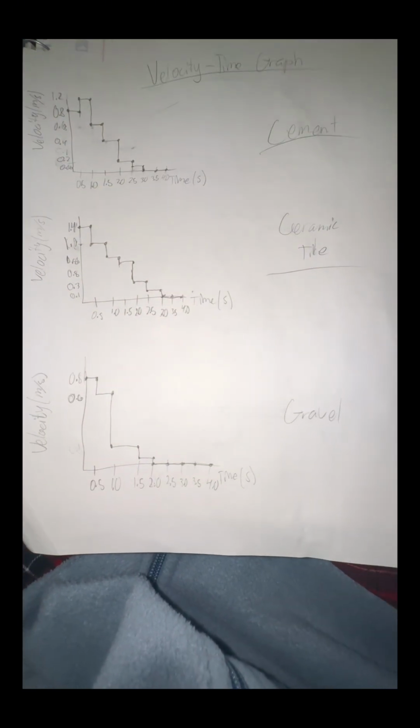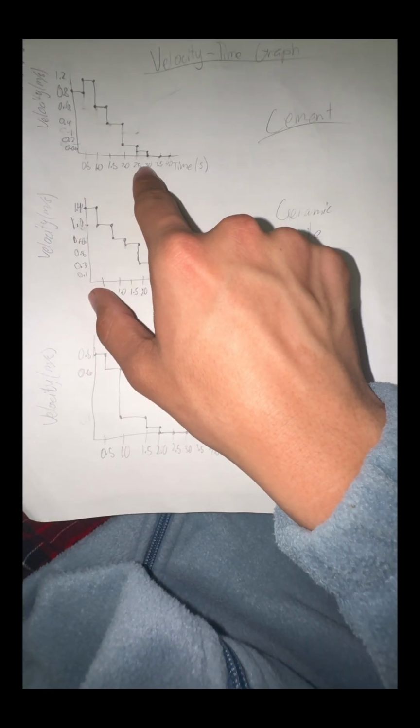Maybe it was because of the ramp as it hit impact, but this was the only one that was like that. But yeah, obviously, as the friction stops the car, the velocity is decreasing over time. And finally, at 3 seconds, it was already at 0 meters per second.